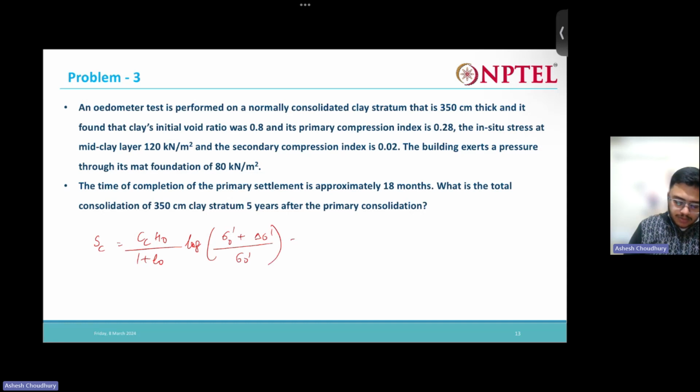Right. So what is Cc? Cc is given. H naught. What is H naught? 350 centimeters. Initial void ratio is given. 120 plus 80 by 120. Okay.